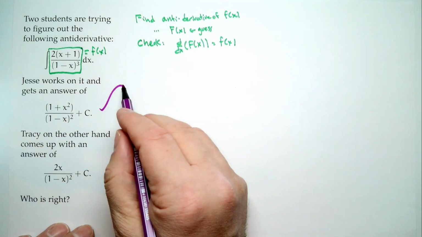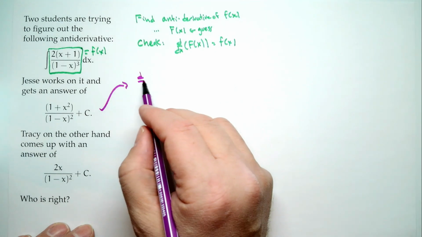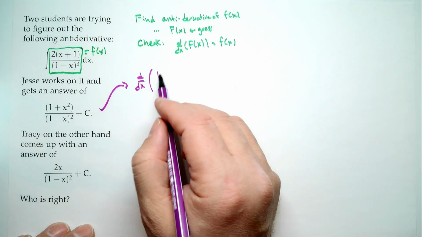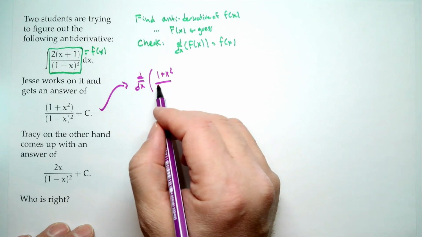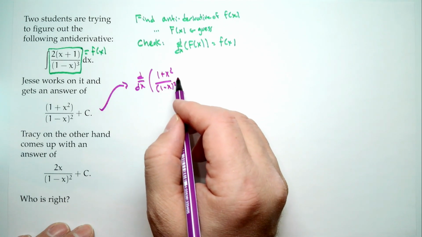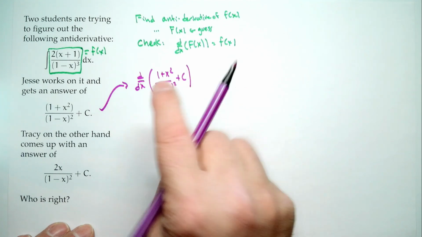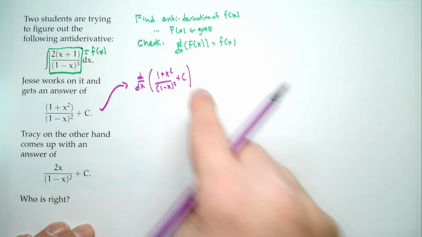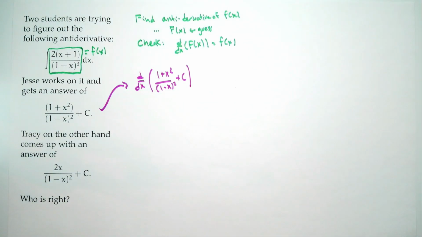So let's start with Jesse. We're going to take the derivative of 1 plus x squared over 1 minus x quantity squared plus c. Now when we take the derivative, the plus c goes away. And that's why we say the answers are only true up to plus c. How do you take the derivative of 1 plus x squared over 1 minus x quantity squared?